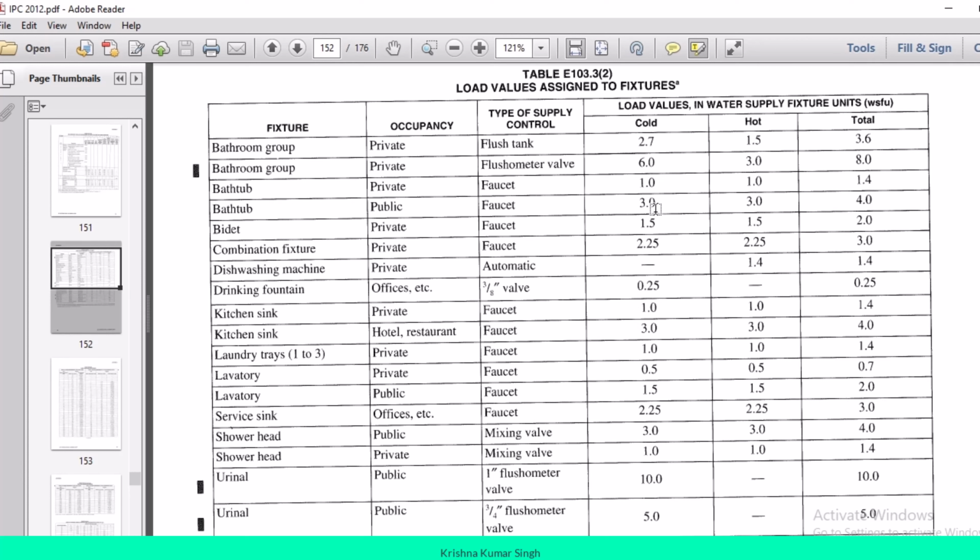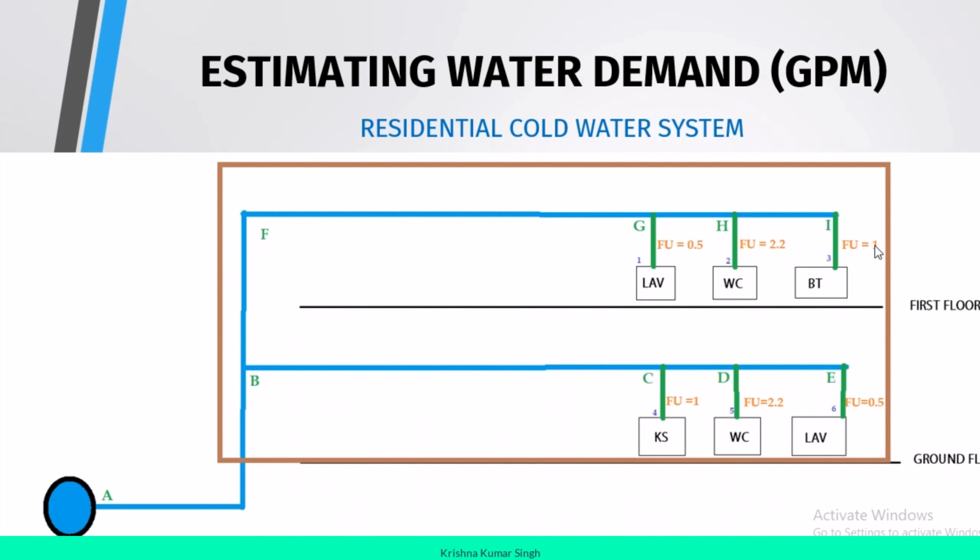In my case, I am assuming that my client does not require any hot water facility in his house. He is living in a very hot area. This column will give you the water supply fixture unit values for cold water supply. So I am taking this value 1, bathtub private 1, and I write it down over here.